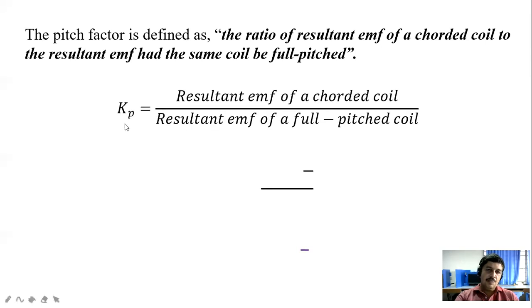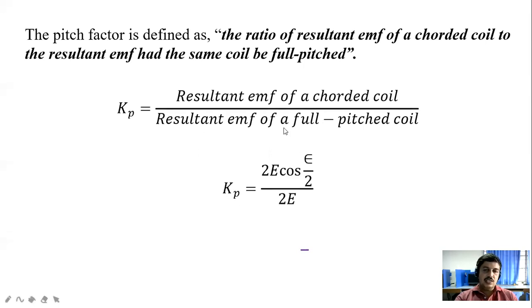So simply, Kp or Kc is equal to the resultant EMF of the chorded coil to the resultant EMF of the full pitch coil. We have determined both of these.